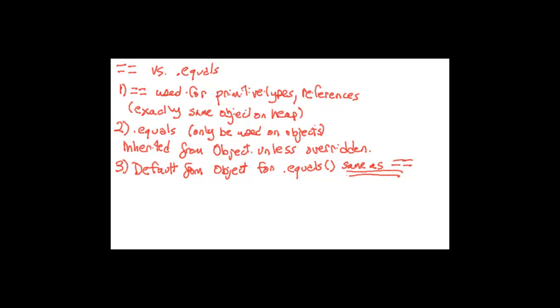So, the fourth thing to know is what the purpose of .equals is. The purpose of .equals, as reflected in classes like String and ArrayList, where it has been overridden correctly, is to compare the content or the state of an object.